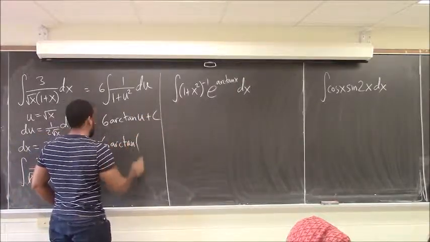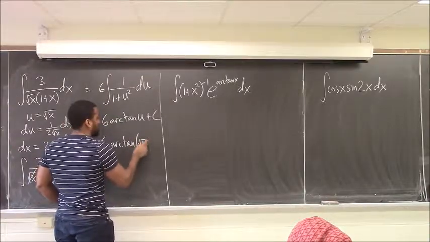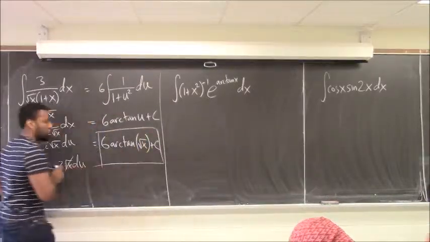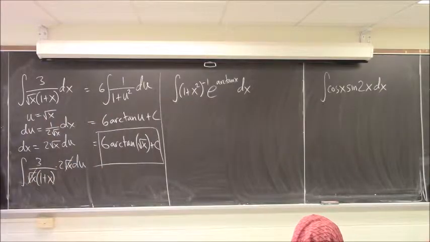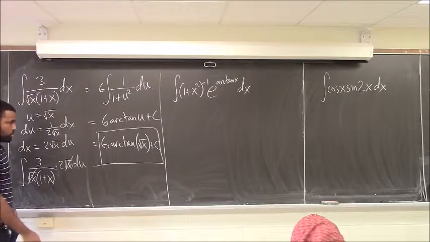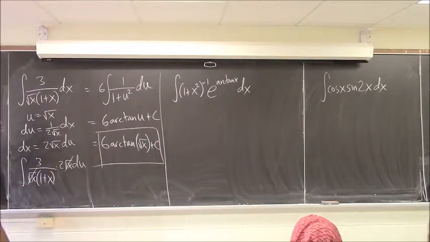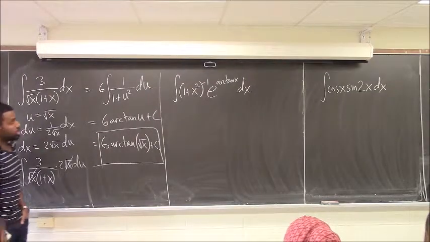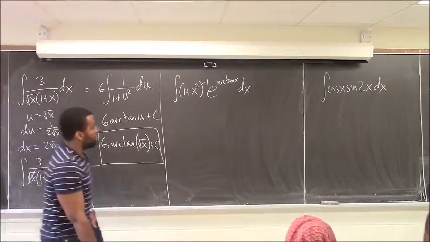Or tan inverse square root of x. So there are 2 inverse trig functions you should know the antiderivatives of. So you know the derivatives of them. Sine inverse and tangent inverse, you should know their derivatives, and hence you would know the antiderivatives of these expressions. So that was an arctangent to go there. And distinction. What about this one?